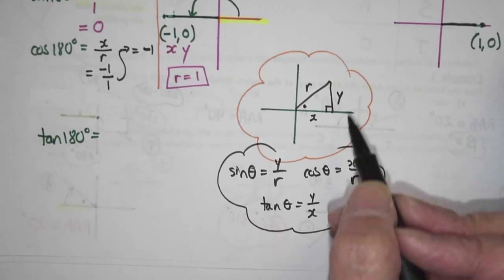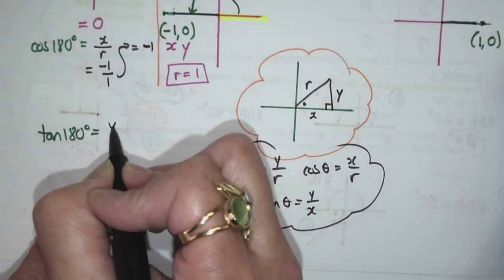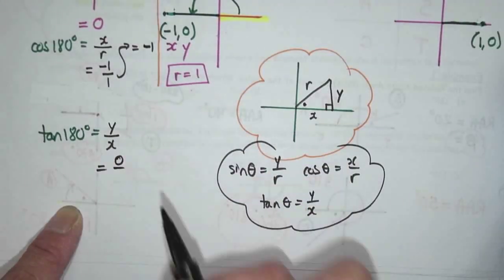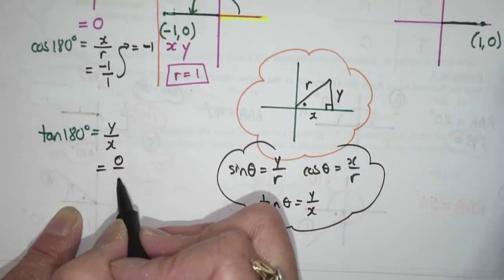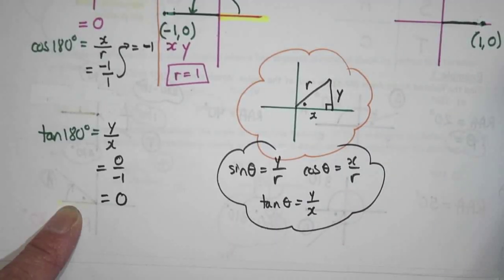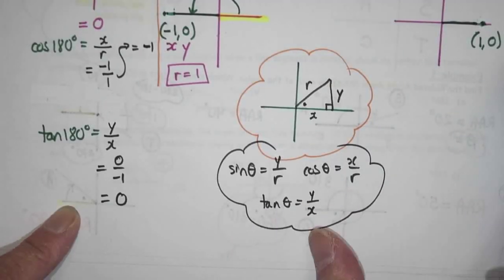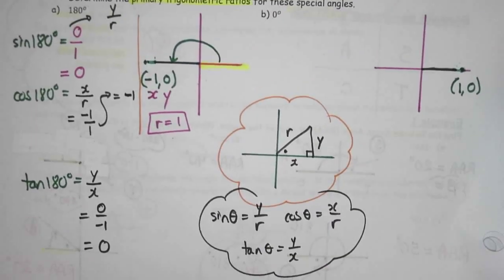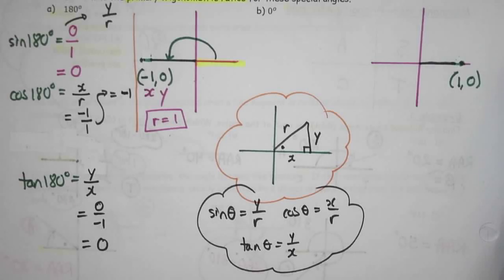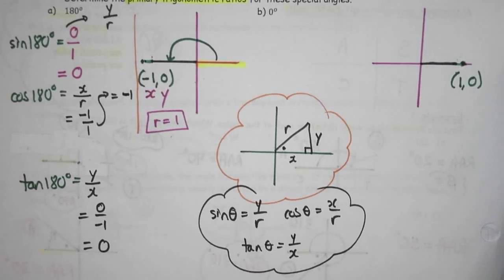So it'll be opposite over adjacent, y over x. Y is 0. What's x? -1. That gets me 0. Okay, try it again. Again, this is only for the special angles, right? So the special angles are hitting on the axes.